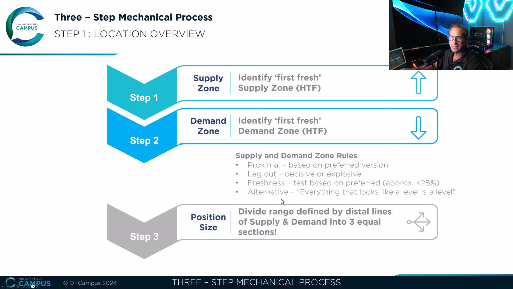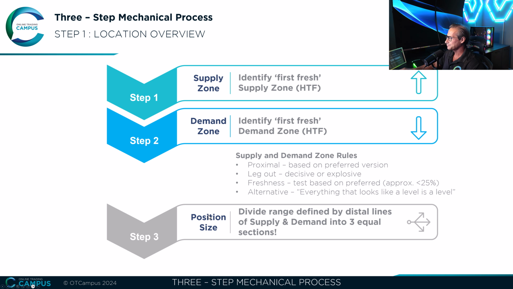That's why it's called only an alternative: if you don't find a proper supply and demand zone that meets your high quality rules, then we would basically say everything that looks like a level is a level.